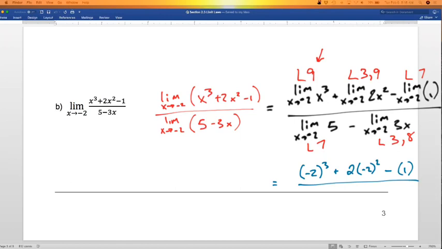Same for the first step in the denominator. And then law 3 says I can bring that 3 out front. And law 8 says I could plug in -2 for that x.